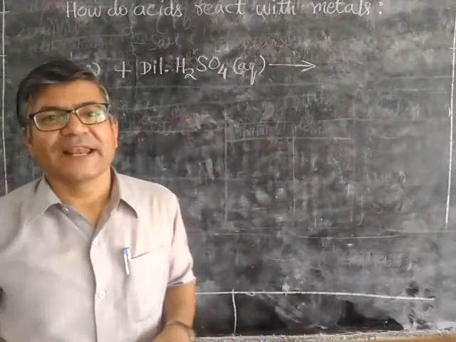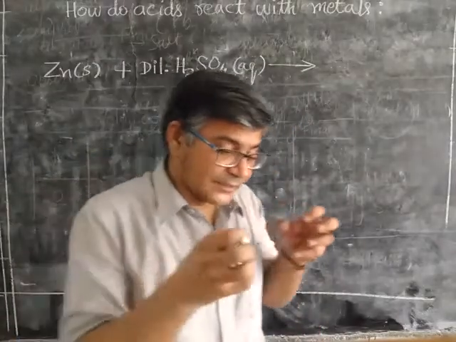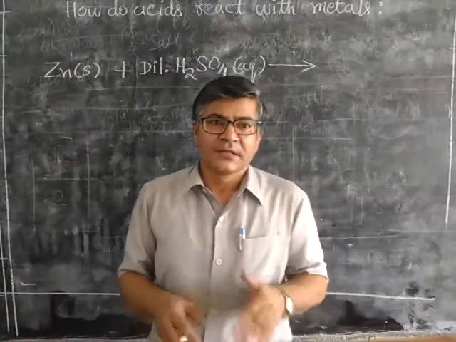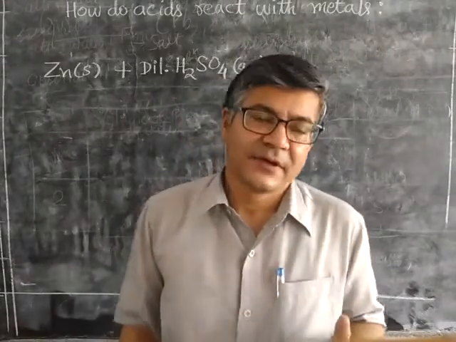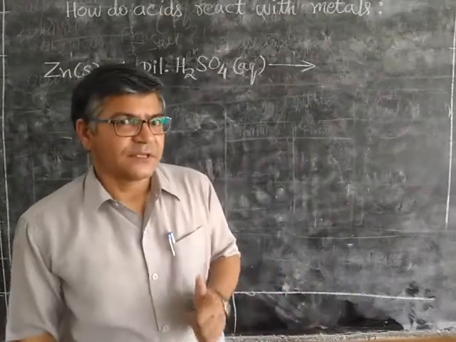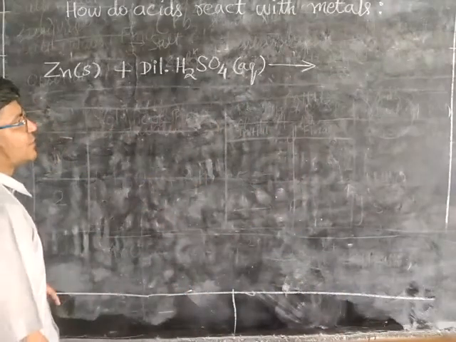In this case, when acids are reacted with metals, the reactive metal will always displace a less reactive element from the acid. Let's see what that element would be.